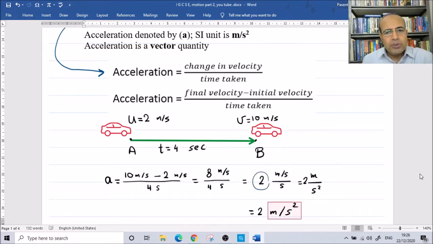So the answer is 2 meters per second over second, which means meter per second squared. The unit of acceleration is meter per second squared because it is the unit of velocity over the unit of time.